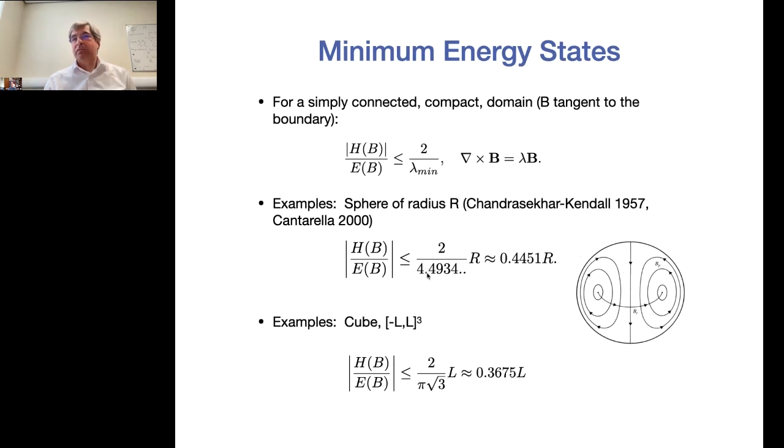For instance, for a sphere of radius r, we get that the minimum eigenvalue is 4.49 over r. And for a cube, we get pi times square root 3 over L as the minimum eigenvalue. So these eigenvalues inversely scale with the size of the domain, but are quite similar for simple domains.